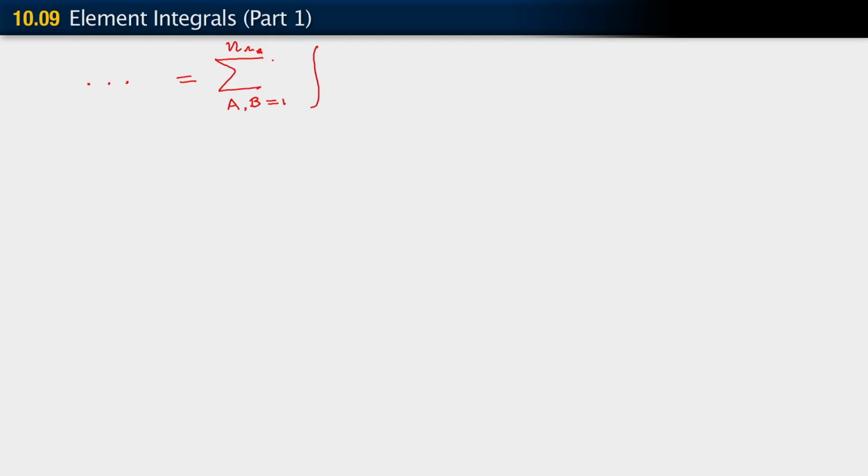Integral, oh, sorry, I need to have here C, A, I, E. I have here N_A comma J, C_IJKL, right?